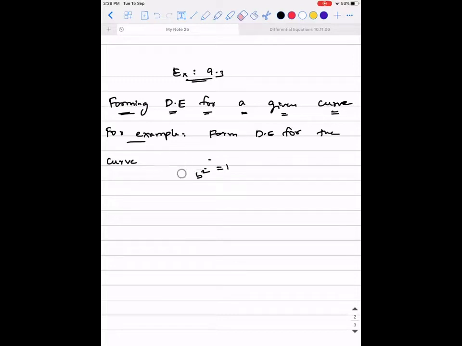Or I'll make it even simpler. It is x square plus y square is equal to a square. So when I say forming a differential equation, this is a solution of some differential equation. Is this a general solution or a particular solution?